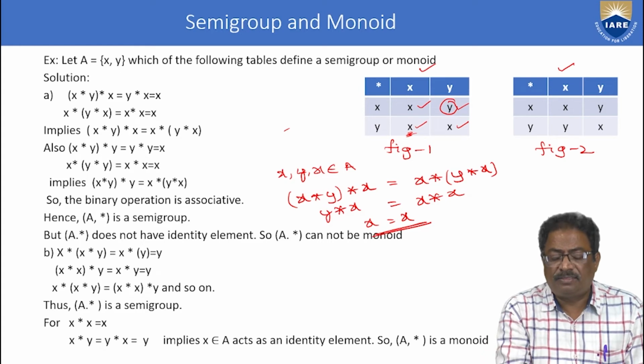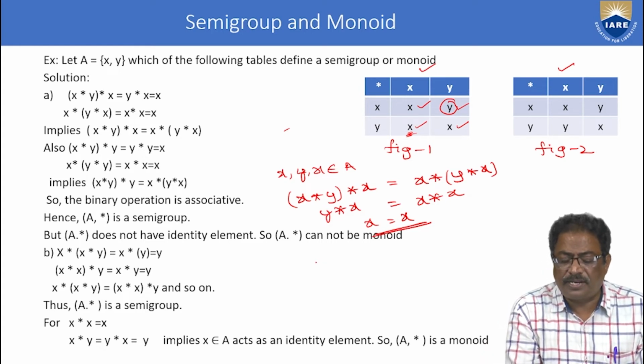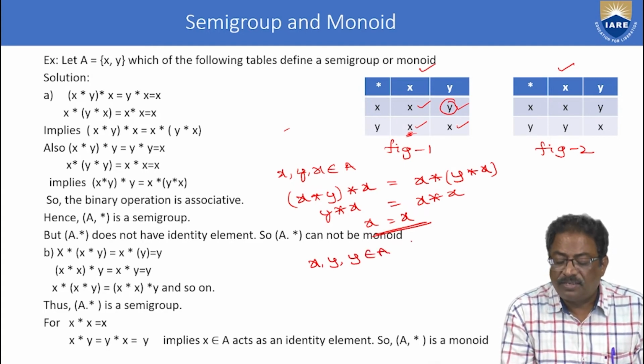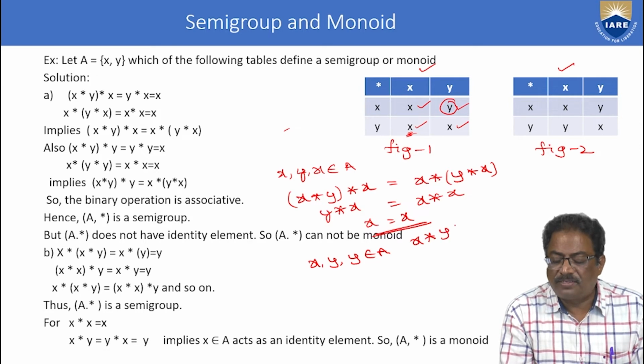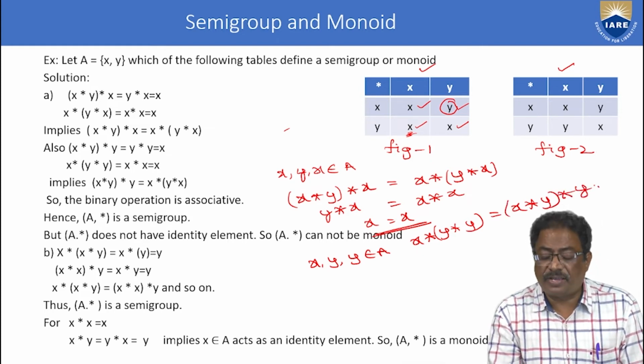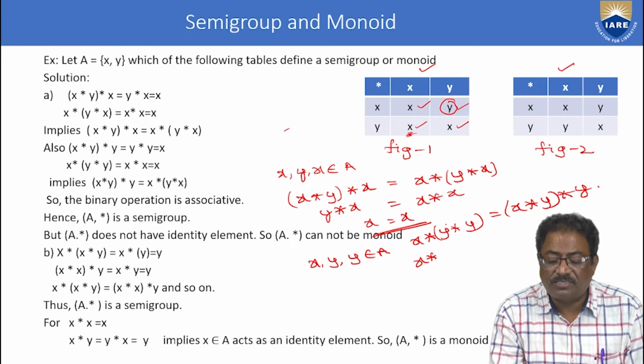Suppose I take three elements like this: X, Y, Y. We have to verify (X * Y) * Y = X * (Y * Y). What about X * Y?